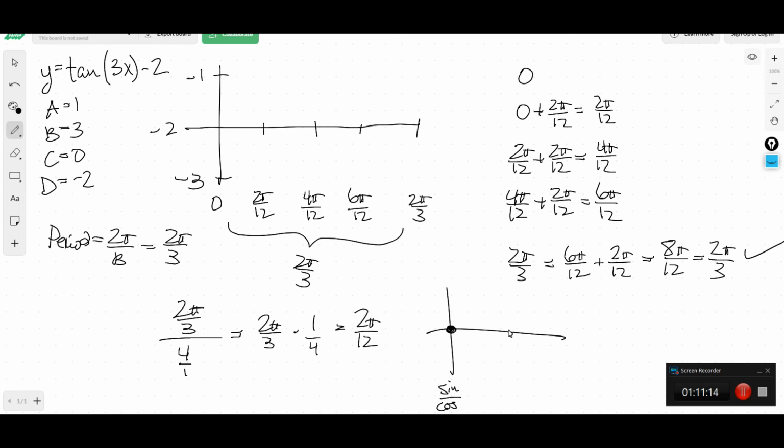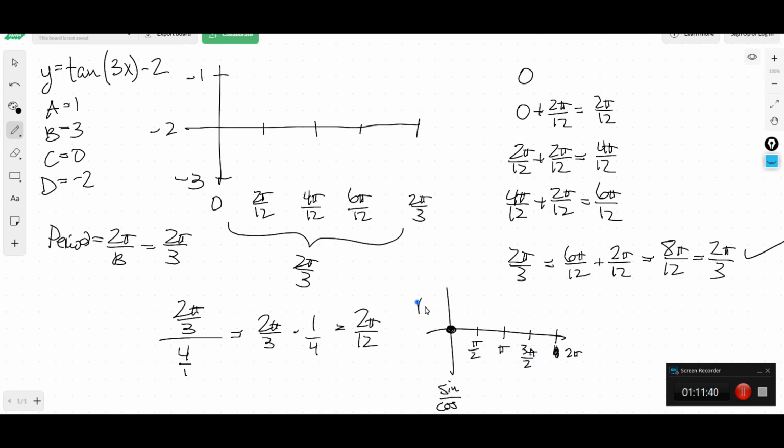And then remember last time when I did the sine graph real quick and the cosine graphs real quick, I need to do that for tangent as well. So 0, pi over 2, pi, 3 pi over 2, and then 2 pi. It's supposed to be pi right there.